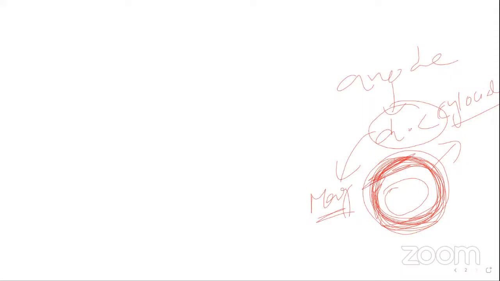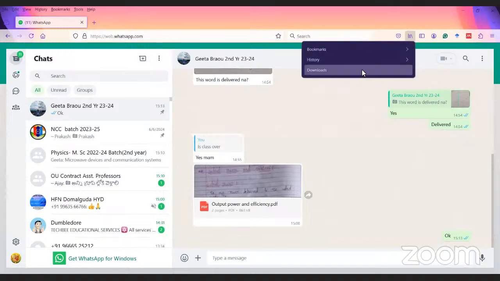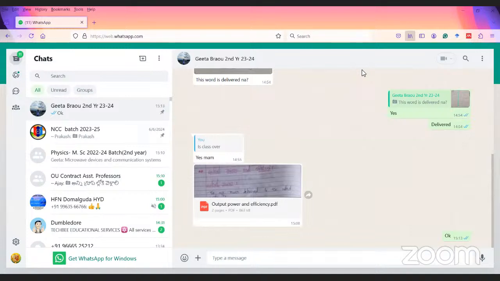Now we will see the book PDF. Checking, just a minute.